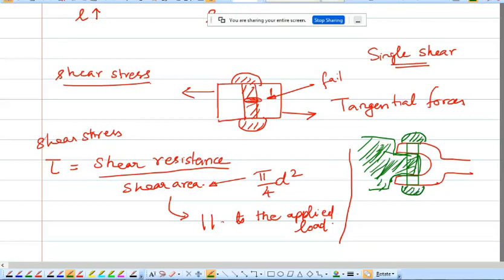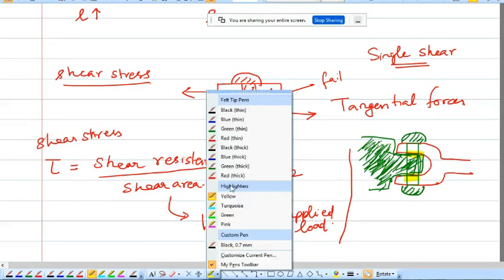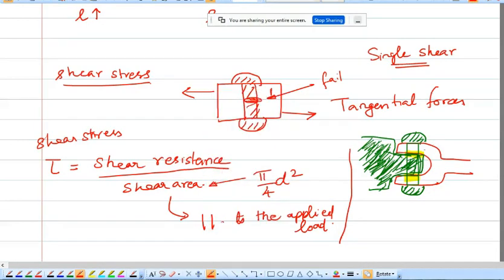You can assume the diagram, it is not exactly perfect. So two bodies are connected by a rivet. What happens is you may have the body failing at two areas. One is in this area and the second one in this area. So in two areas the body will fail. Such type of shear is called double shear.